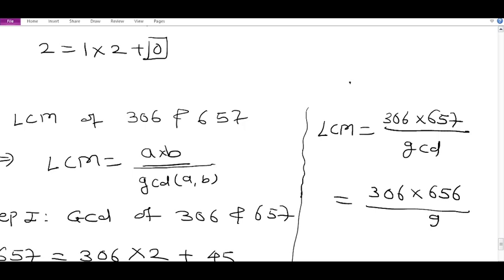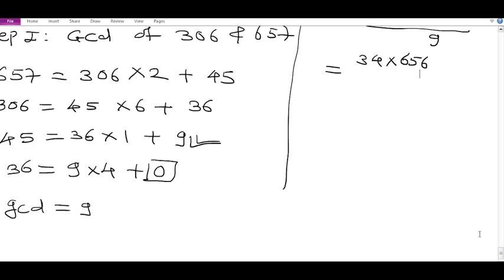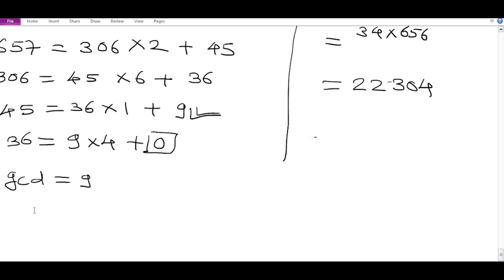So if you divide 306 by 9, we get 34. So this will be equal to 34 into 657, and if you multiply 657 by 34, we get 22,338. So what is the answer here? The answer is LCM is equal to 22,338.